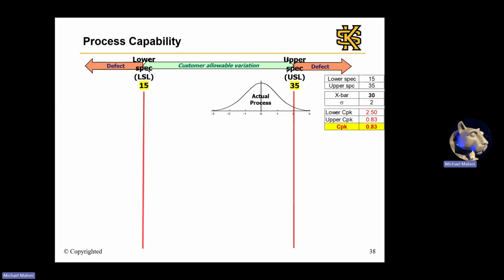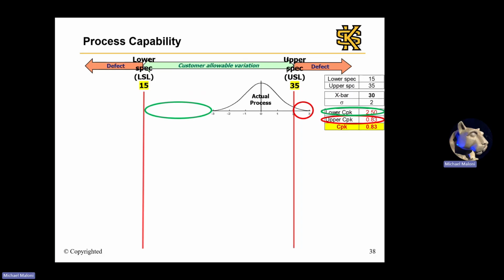The lower part of the distribution is well within the lower spec limit, plenty of cushion, and the lower CPK result shows this with 2.50, which is greater than 1.33. But a portion of the upper part of the distribution extends beyond the upper spec limit.